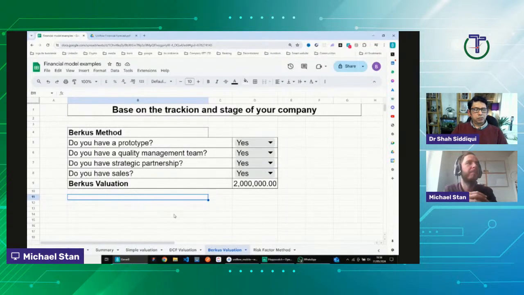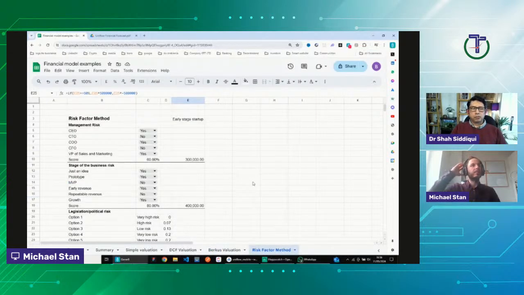And the risk factor method, which is very similar to the Berkus method, just much bigger, calculates the value of your company based on weighted averages. The goal is that you ask the business 10 to 12 different questions about different risks. So it's a risk factor method.